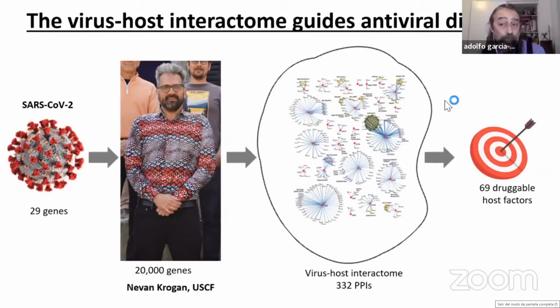So what we postulate is that if a viral protein is interacting with a host protein, there is a good possibility that it does so trying to use this host factor for its own benefit, for viral replication. So we think that these 332 protein-protein interactions are enriched in host factors that are required for viral replication.